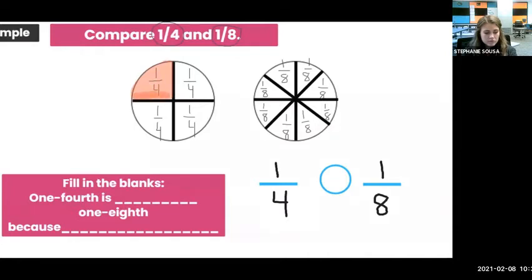I have now represented 1/4 on the left. My next fraction that I'm comparing is 1/8. So on the right model, I will shade in one part to represent 1/8.